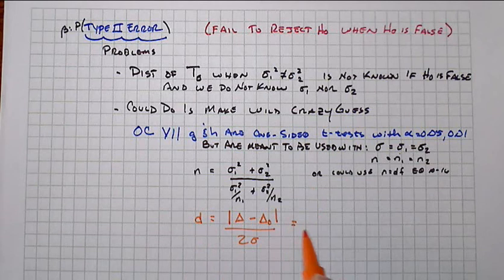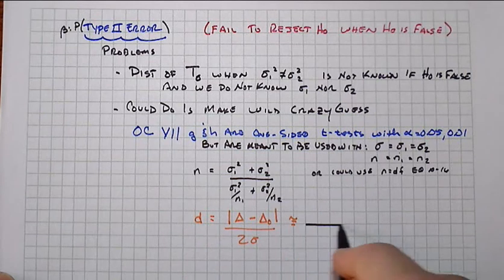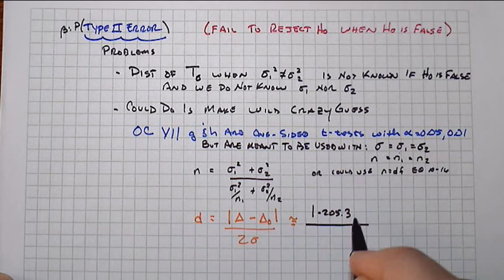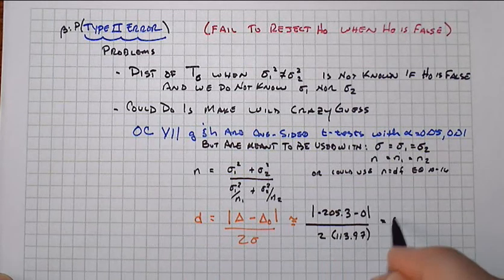And again, in a very crude kind of fashion here, this isn't really the right thing to do, but if we sort of put blinders on, do the dumb thing, just use it anyways, see what happens, play a game, then the observed difference in the sample means was minus 205.3. The delta 0 from the null hypothesis in that case was 0, and then 2 times the standard deviation that we were working with was 113.97. When we do that, we get a d value of 0.9.